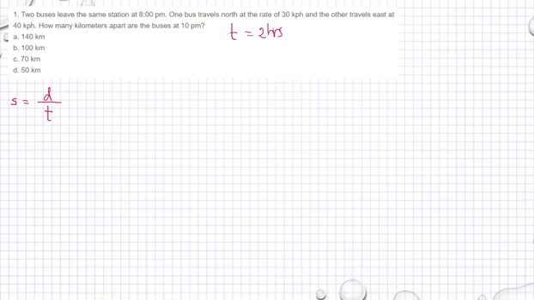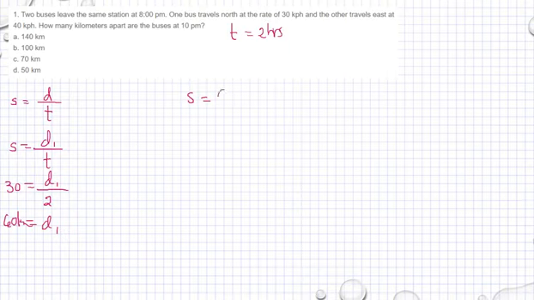So for the distance of bus one, the speed is 30, the distance we don't know yet, and we have 2 hours. That means the distance is 60 kilometers.